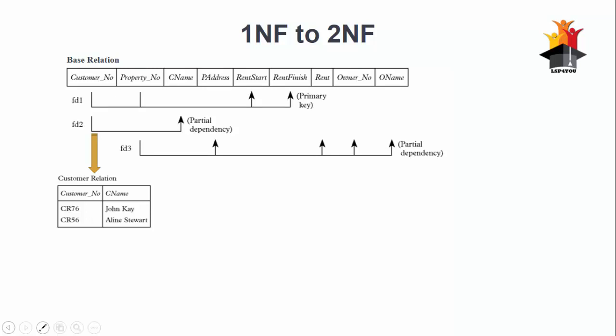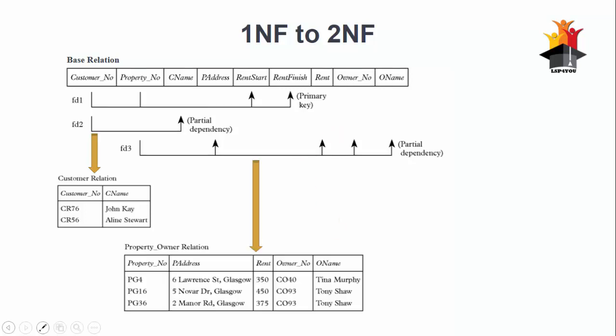The property address, rent of the property, owner of the property, owner name of the property. These columns are dependent on the property number. That is, there is a partial dependency existing among these columns. So we need to remove the property address, rent, owner number, and owner name from this table and store it in a separate table along with the copy of the determinant, that is the property number.